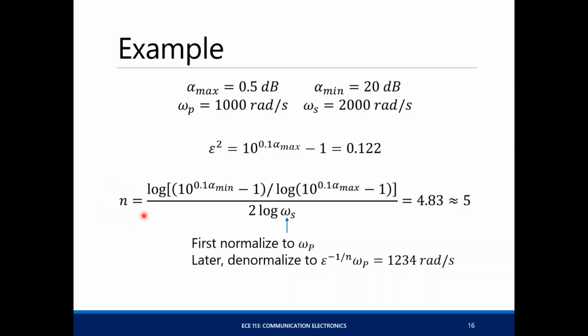So the filter order is 4.83, which is rounded up to 5. If it's 4.01, you should still round up to 5 to ensure that your filter has enough roll-off to meet the specifications. So the filter order is equal to 5.